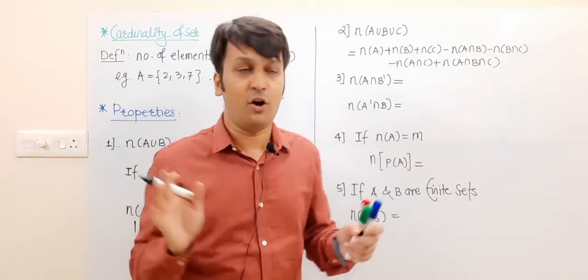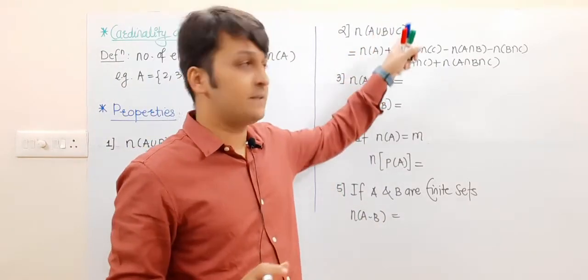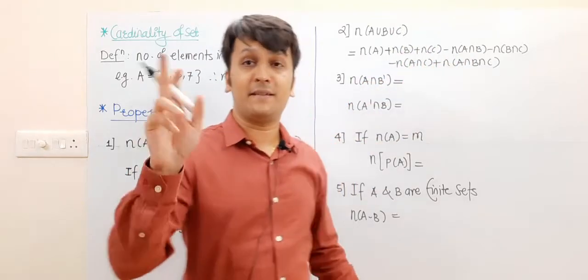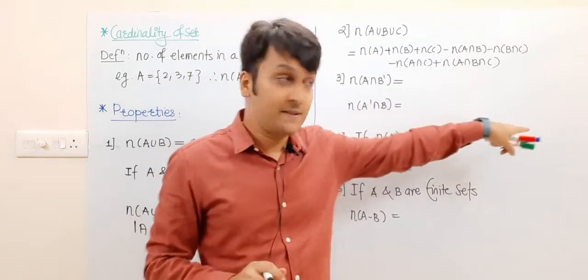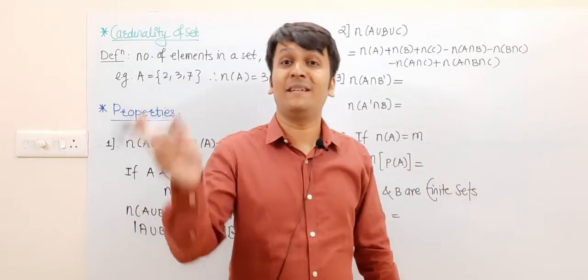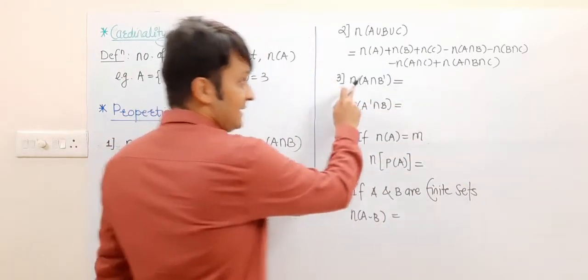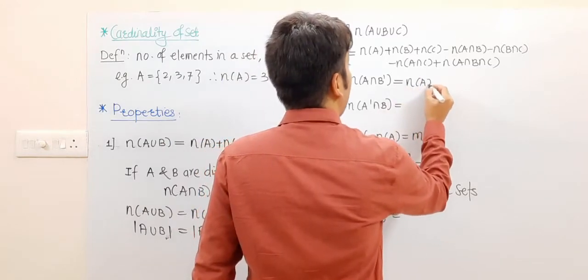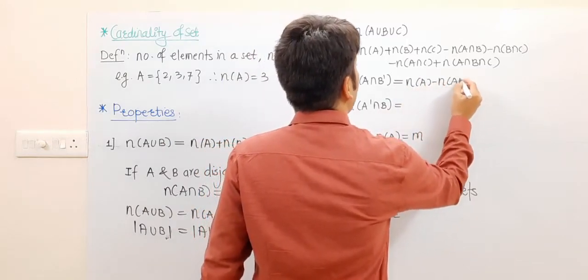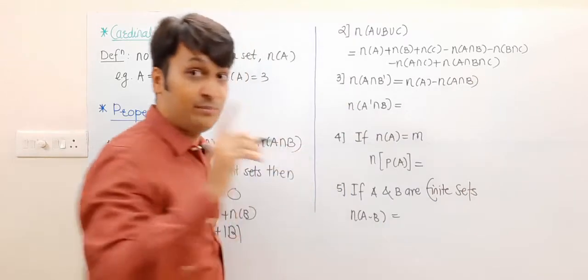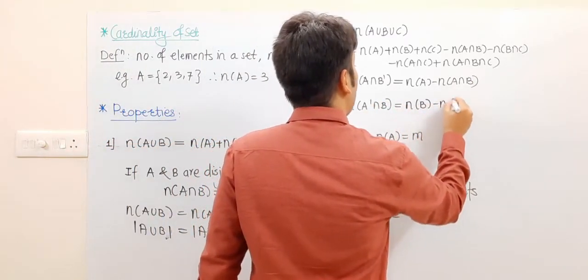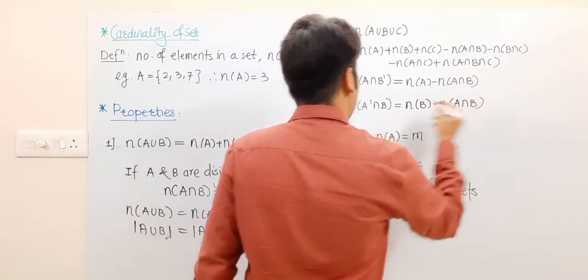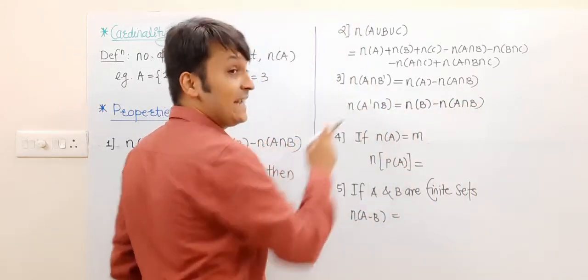One more theorem we got. n of A plus n of B plus n of C minus n of A intersection B minus n of B intersection C minus n of A intersection C plus n of A intersection B intersection C. This is n of A minus n of A intersection B. Remember this one more formula. Next is n of B minus n of A intersection B. Remember, here it is B dash, here it is A dash.